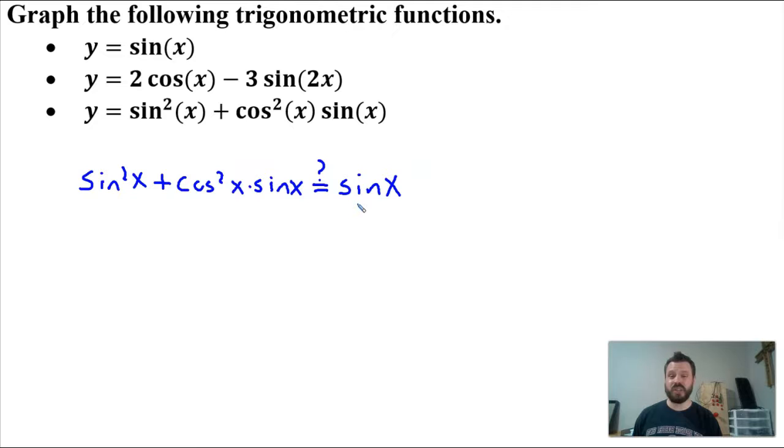I think it's pretty clear if I had the option, I'd rather just work with the right side here. With identities, the idea is that we can take stuff that's ugly, that's complicated, where there's a lot going on, and hopefully reduce it down to something a lot simpler. That's the big thing we're going to be doing for this unit: taking complicated trigonometric expressions and reducing them down into something simpler.